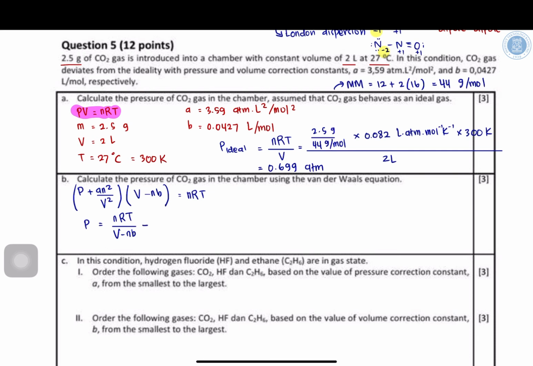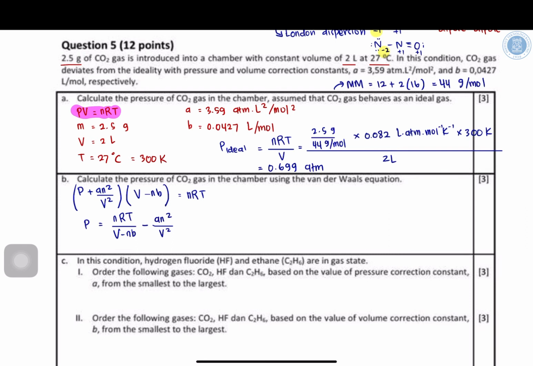So from this equation we know that we expect the real pressure will be less compared to the ideal pressure, and that makes sense because remember that for the ideal gas the pressure is due to the collision between the gas molecules and the wall of the container.